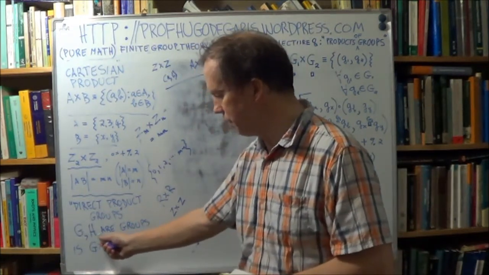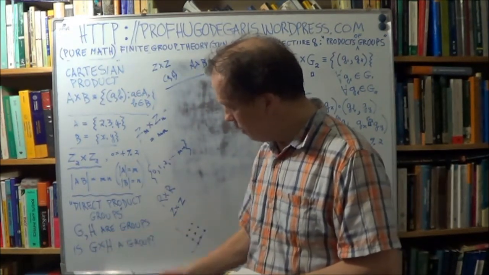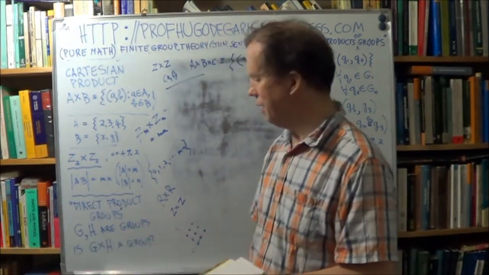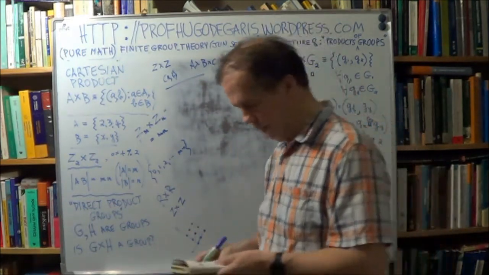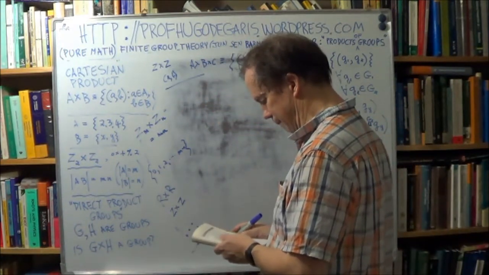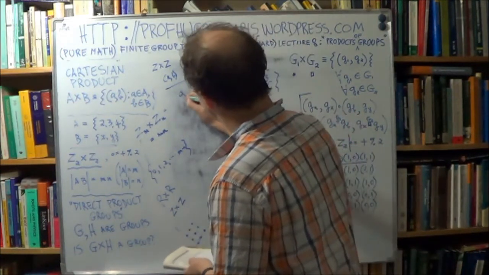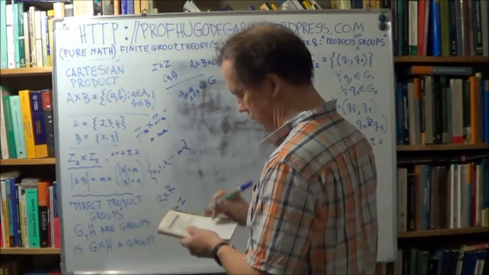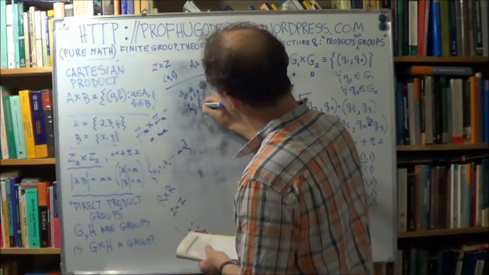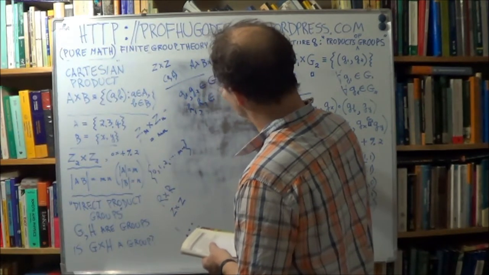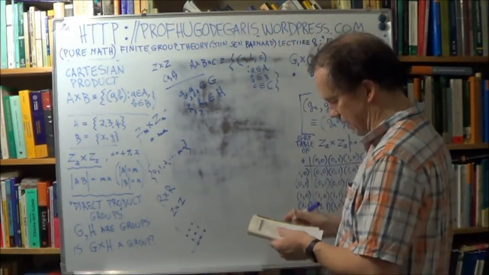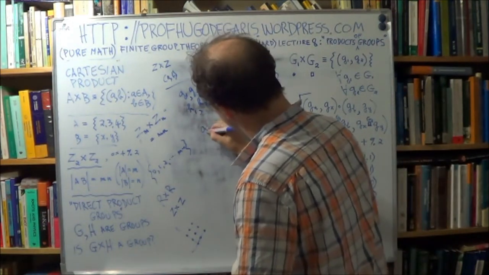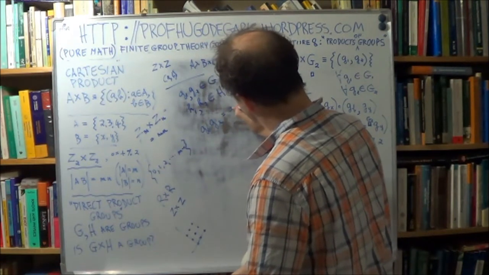G and H are both abelian groups, and you're asked to prove that the direct product group G times H is also abelian. Well, what do we know? Now g1 and g2 belong to the big group G. And h1 and h2 belong to the abelian group H. Now they're both abelian, therefore g1 g2 equals g2 g1, right?